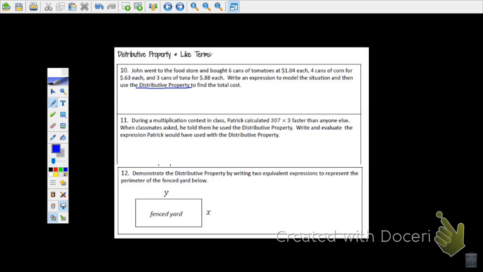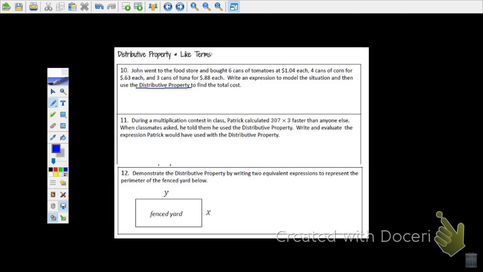Okay? Most of you looking at that problem would probably not use distributive property to solve that. They are asking us to use distributive property. So here you need to think back to when we were doing those mental math examples in that distributive property section in our flip book.